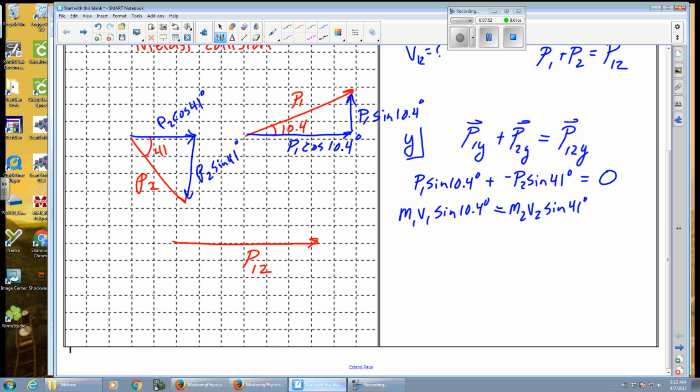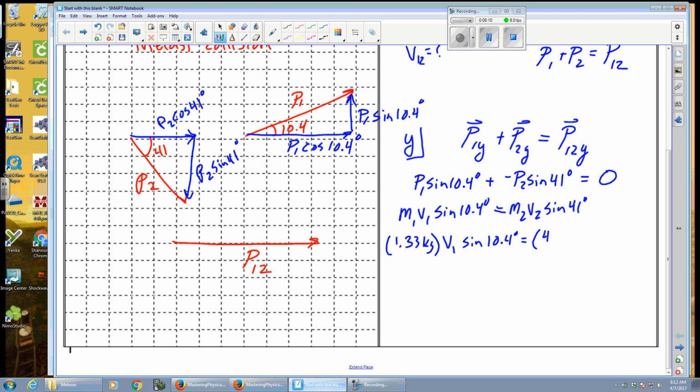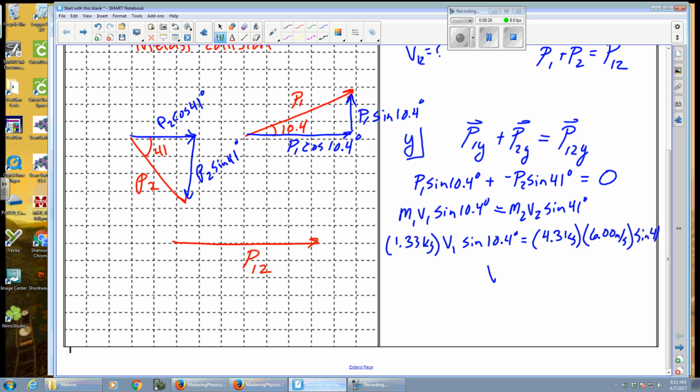M1, 1.33 kilograms, V1, sine 10.4. M2, 4.3 kilograms. V2, I think mine was 6.00 meters per second. Sine 41. That's right, right? Yep. Solve for V1.